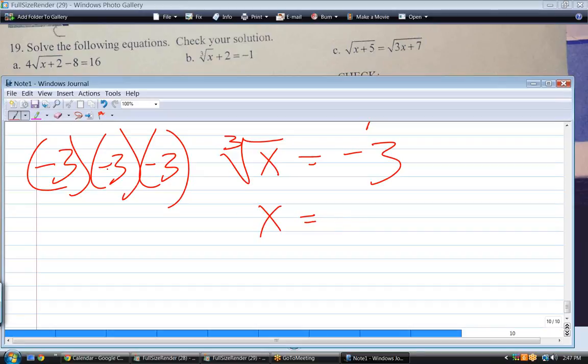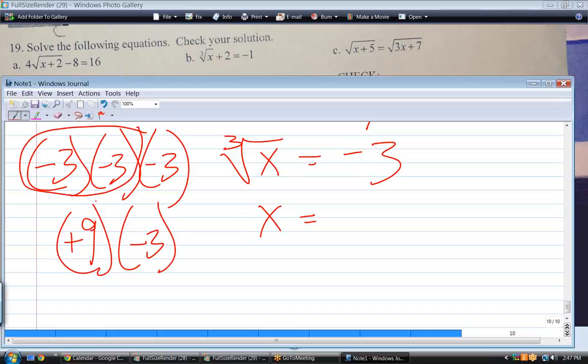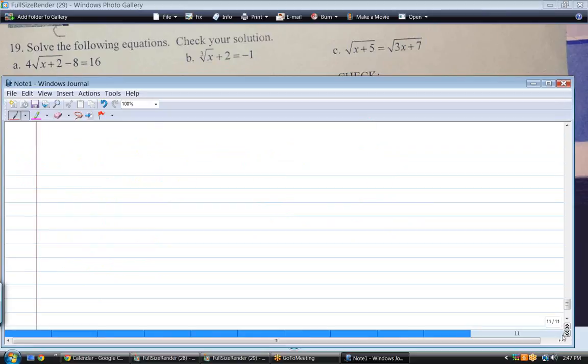In other words, minus times minus becomes plus. So now it's plus 9 times minus 3. When I multiply those two together, I get this. Now a plus times a minus is a minus. So it's minus 27. And if we plug that in, the cube root of minus 27 we know to be minus 3, plus 2 equals minus 1. That also works.